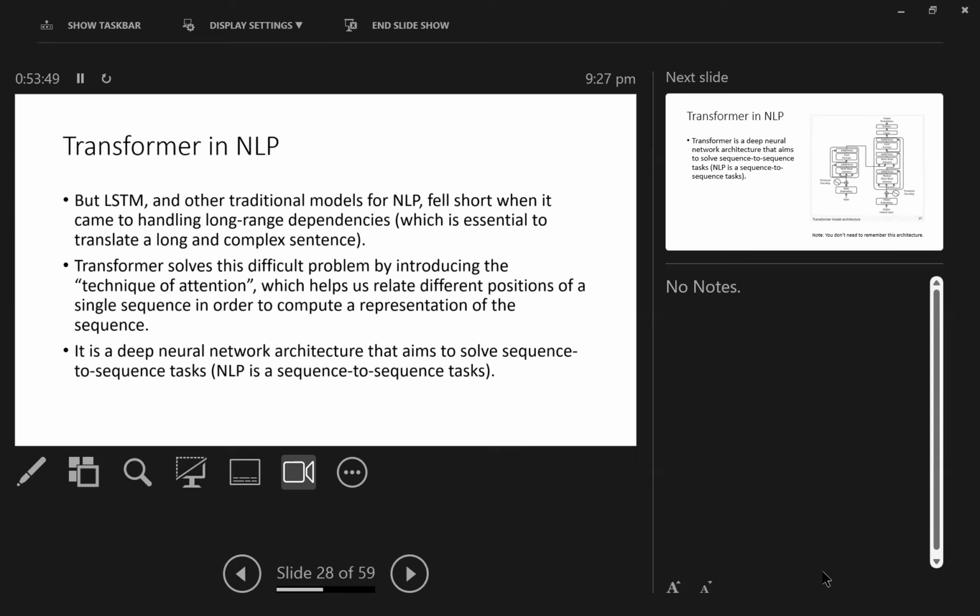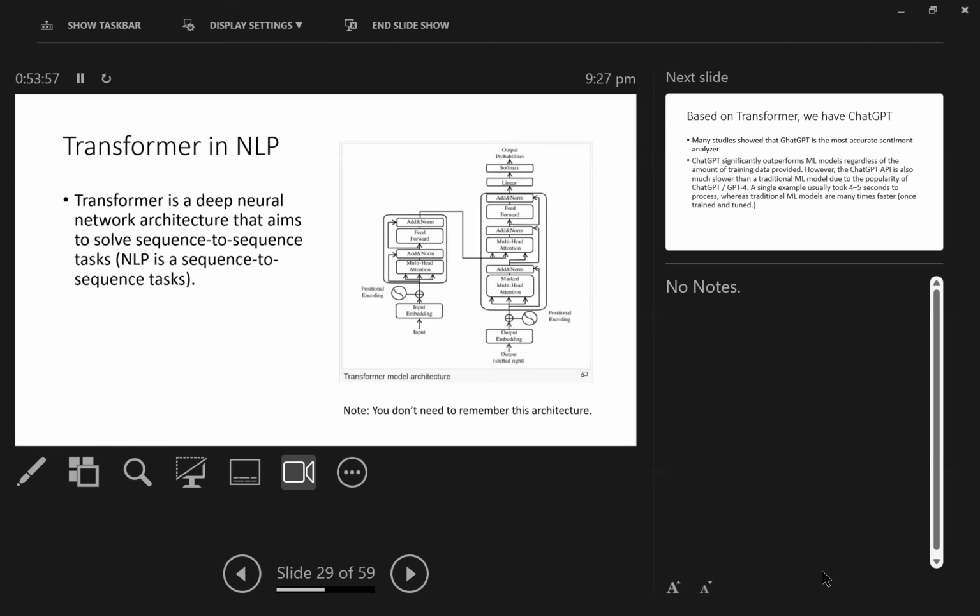It's called transformer. Basically, transformer is also aimed at doing time series analysis. This is what I copied from the internet, and you will see that I really don't understand. It's just a very high-level explanation.